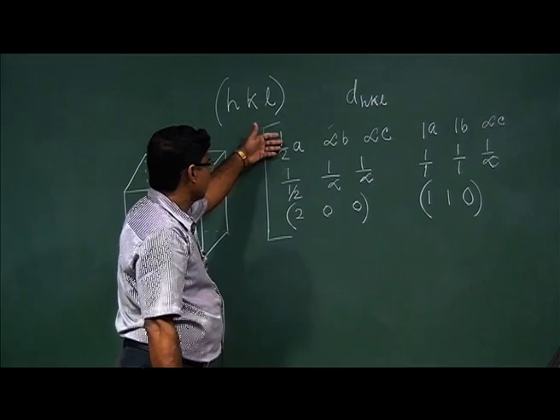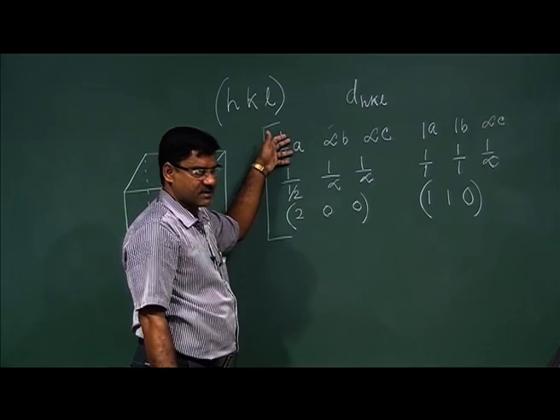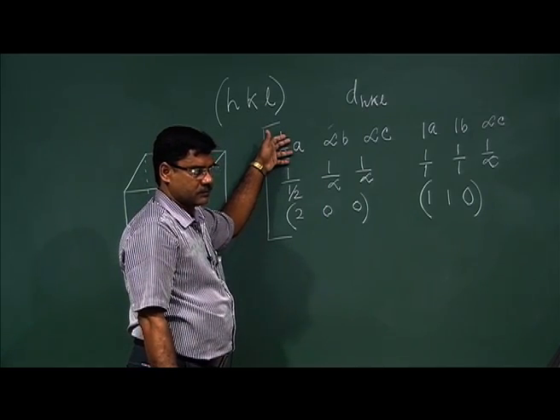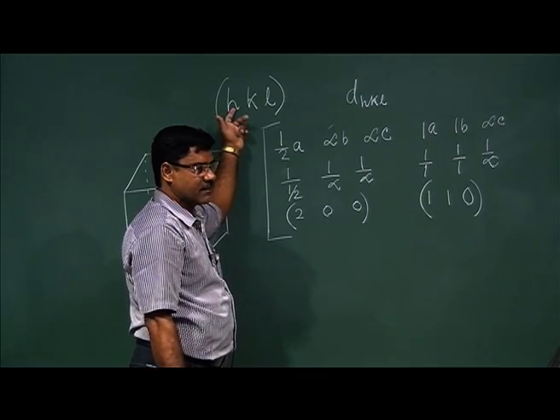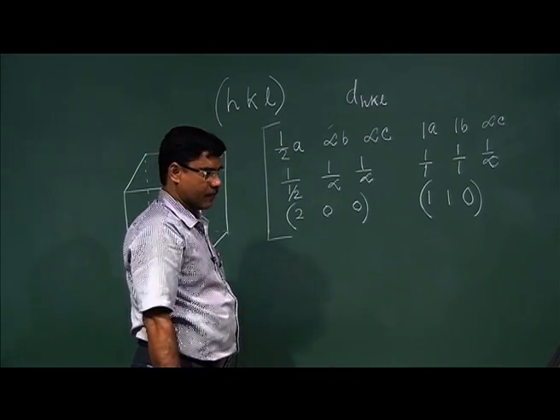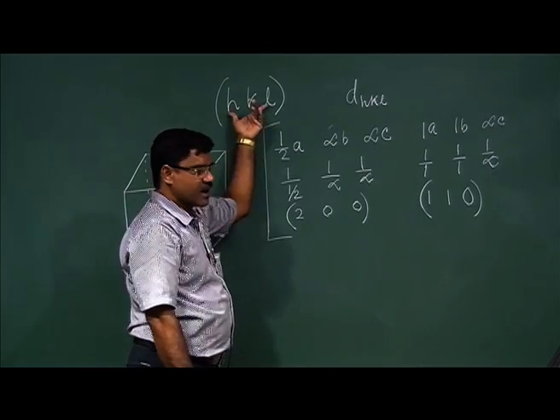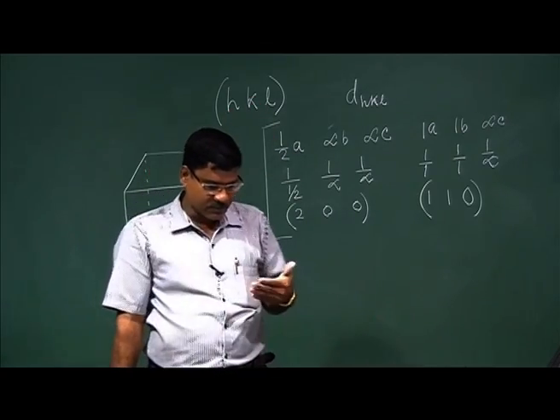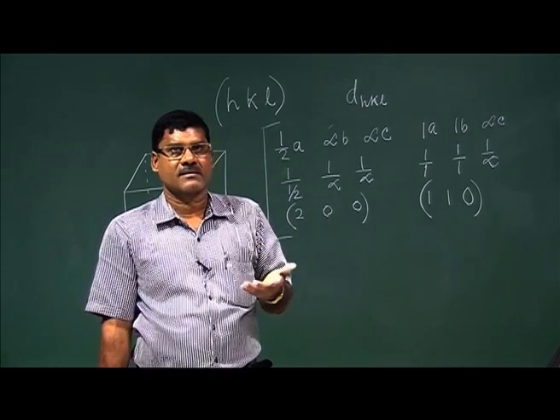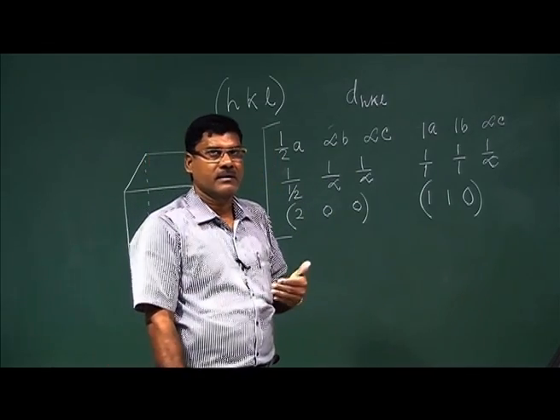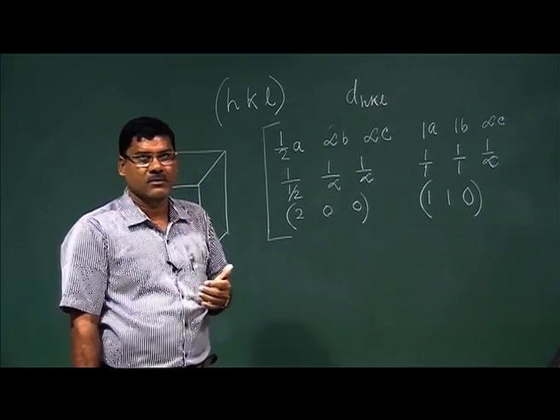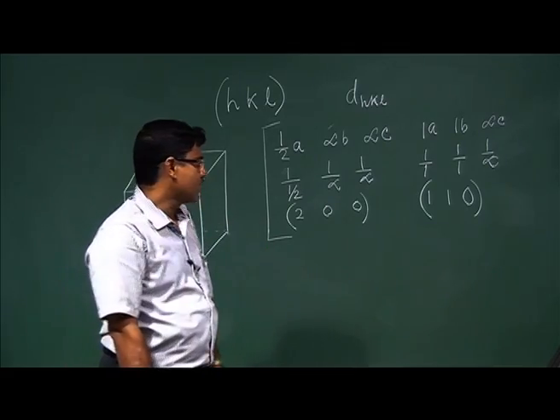Wherever the intercept is, this H basically comes from the reciprocal of that. So, from the HKL value, if I want to find the intersection of the planes with the axis, how do I find it out?